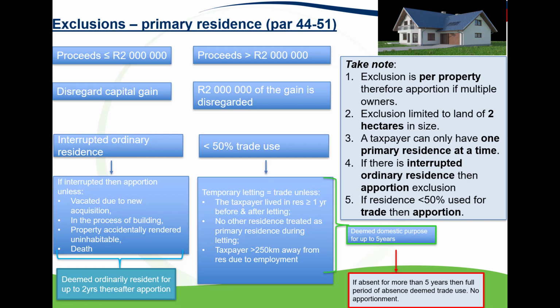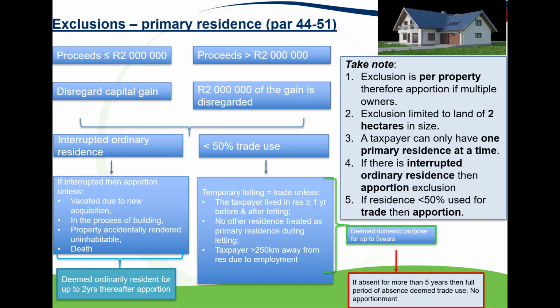So if a taxpayer has, for example, vacated the house because they are in a process of selling it, they will be deemed to have been ordinarily resident in the property for at least 2 years. So if the house is on the market for more than 2 years, then they need to make an apportionment. If it's for less, then there's no apportionment necessary.